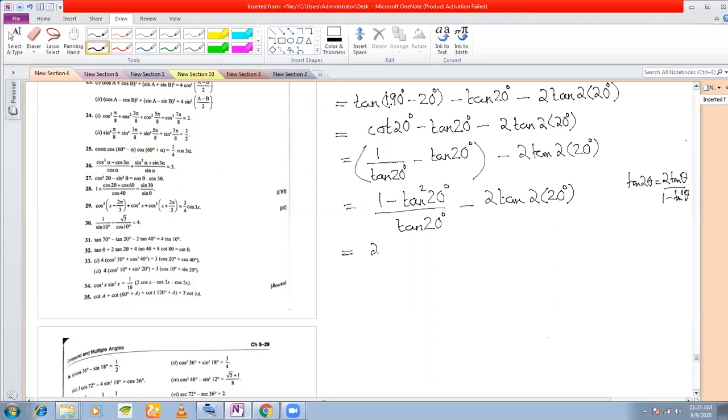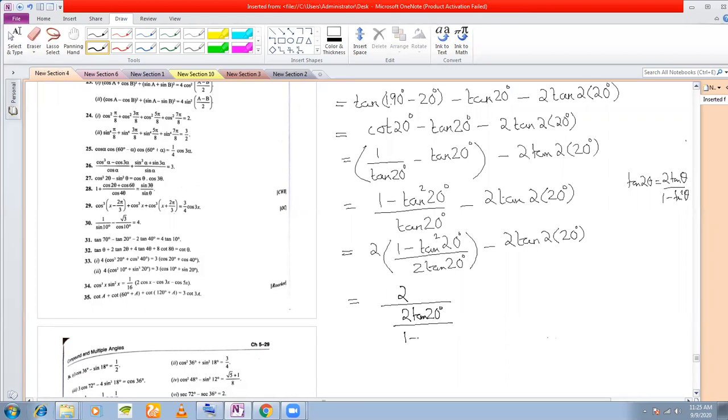So what you do here is, you take 2 here: 1 minus tan square 20 degree divided by 2 tan 20 degree, minus 2 tan 2 into 20 degree, which is equal to 2 divided by 2 tan 20 degree divided by 1 minus tan square 20 degree, minus 2 tan 2 into 20 degree.